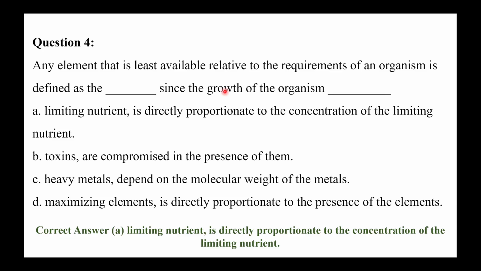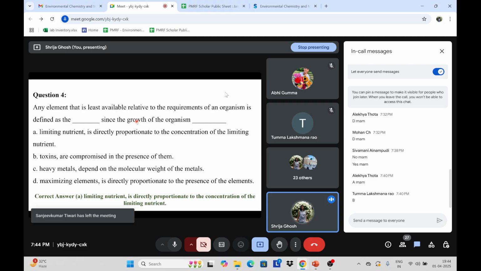If one of the components is in excess, then it doesn't matter. The organism is going to grow its full life cycle because that thing is not gonna get over anytime soon. It is in excess. But if something is in limiting quantities, then it is a problem. Then the organism's growth becomes dependent on that component.